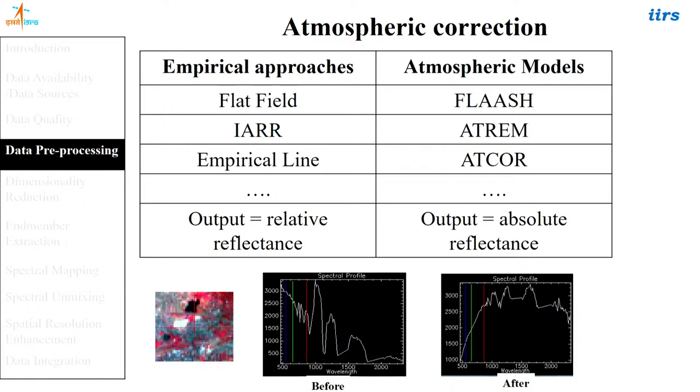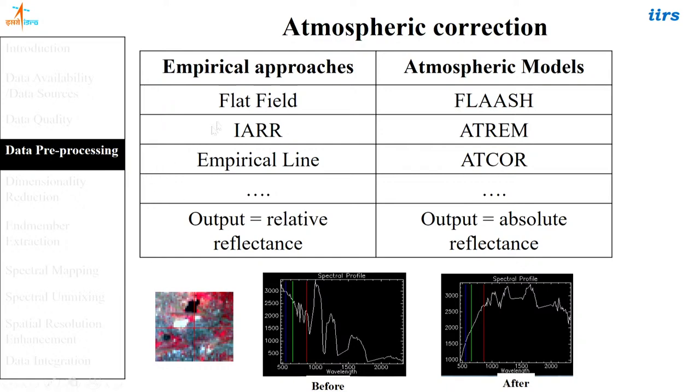Now knowing a and b, you substitute them in the same linear equation y equals ax plus b, and in x you put the entire data. A and b are calculated by solving the dark and bright value equations, and you put in the a and b values and get the converted reflectance data.